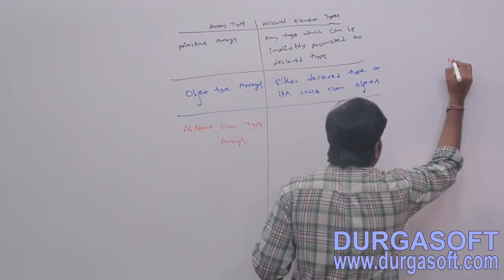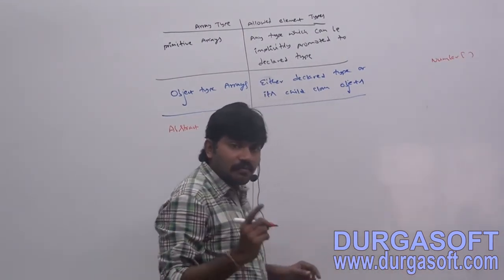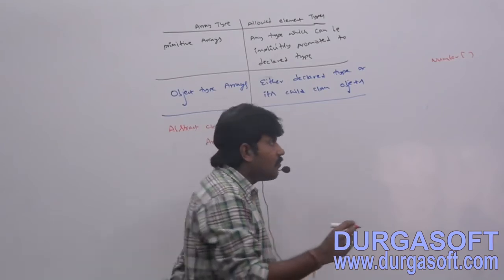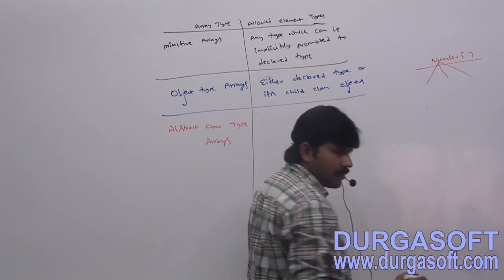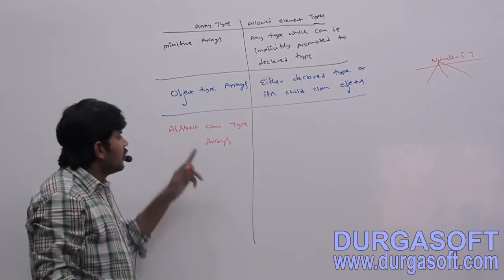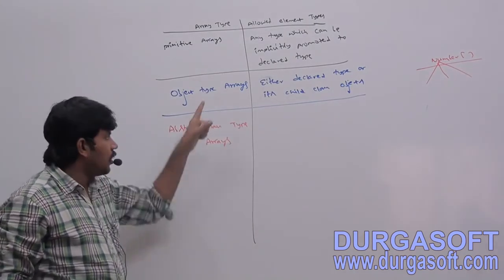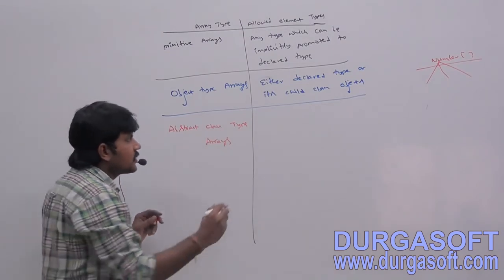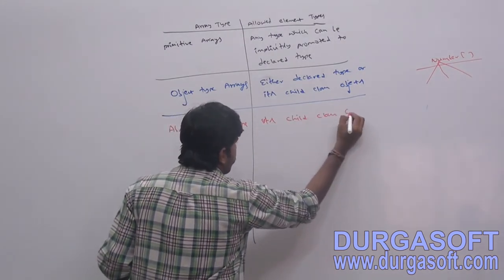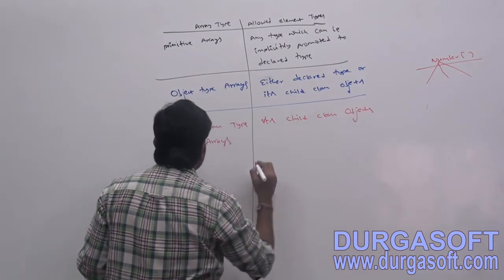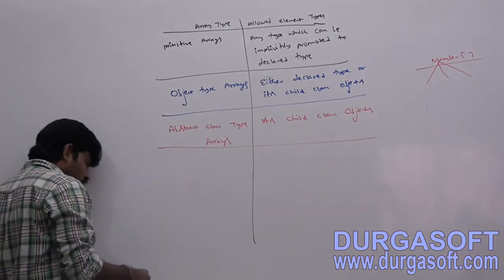Number. This example we covered, right? Number is an abstract class. For the Number array, which type of elements are allowed? Its child class objects: Byte, Short, Integer, Float. Its child class objects are allowed.